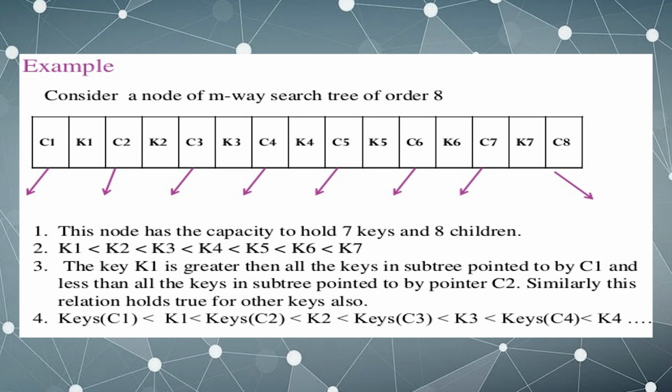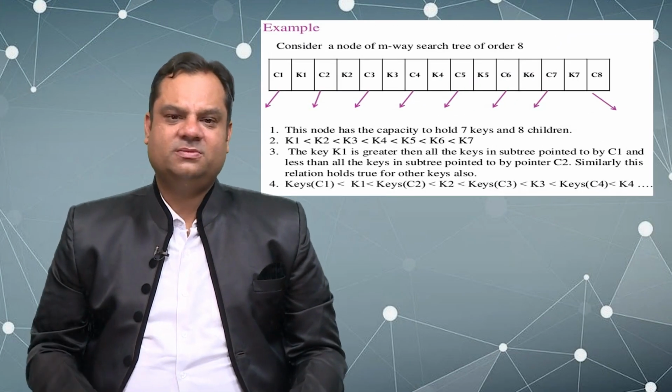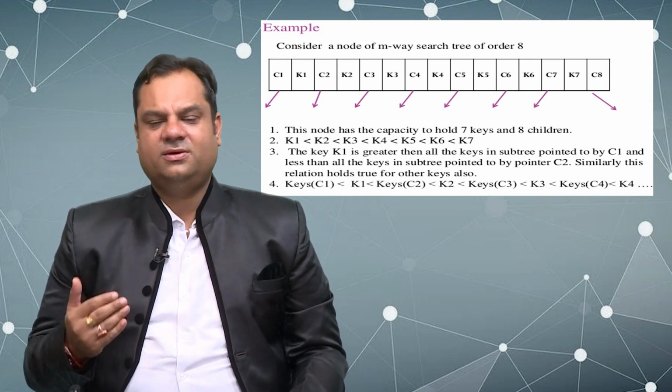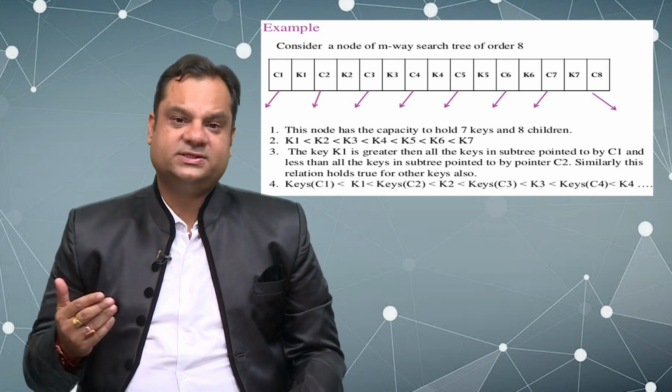So one by one: first child, then first parent, then second child, then second parent, then third child, then third parent, and so on up to where we can generate our key structure, or we can say our M-order structure. By this diagram you usually understand the concept of how we generate, how we create, how we fix our data inside the structure.